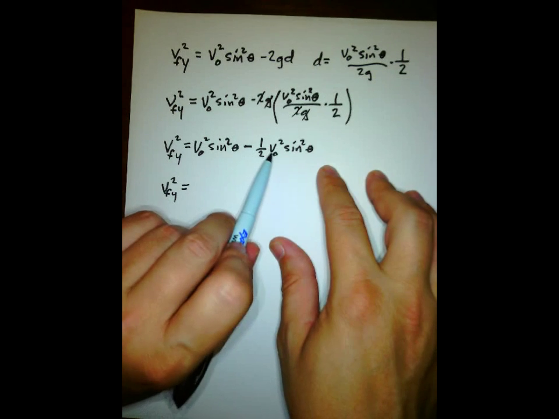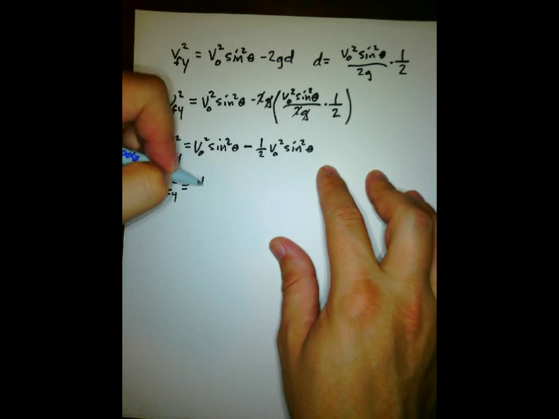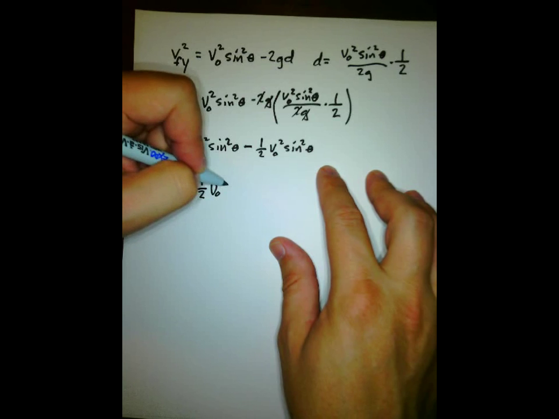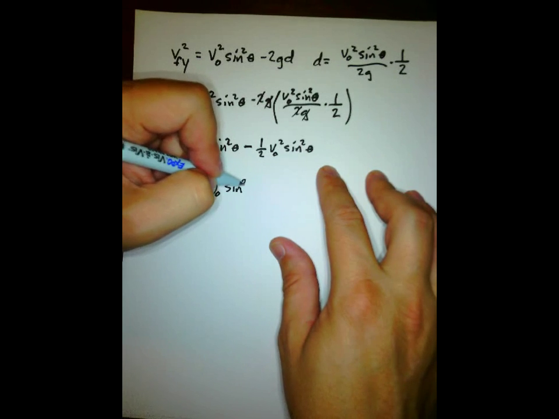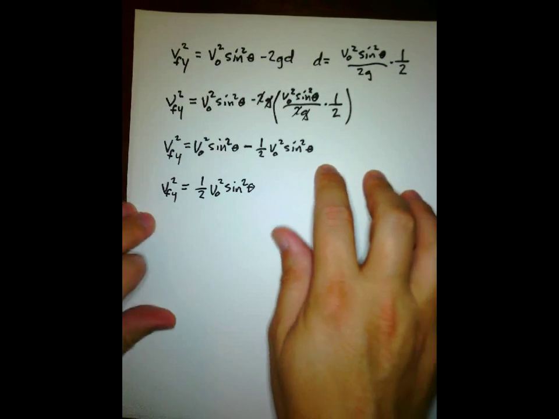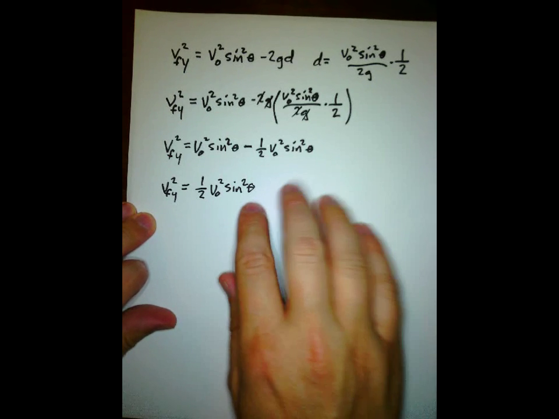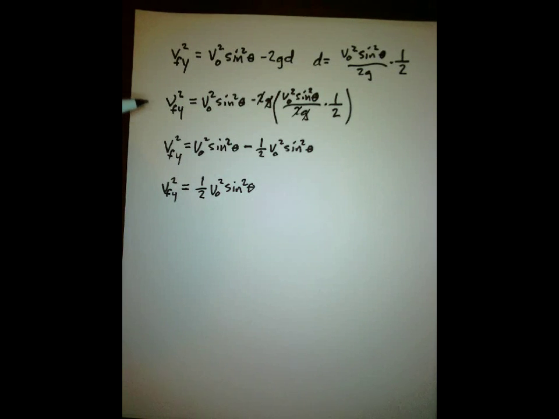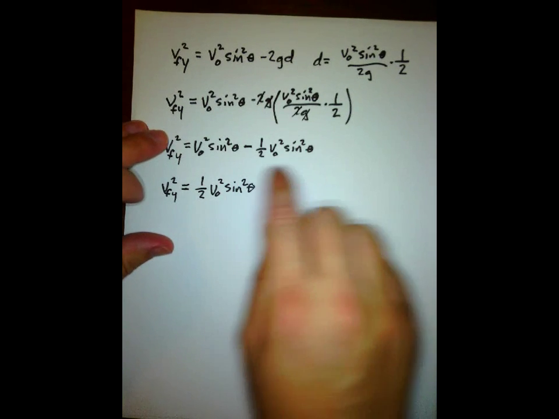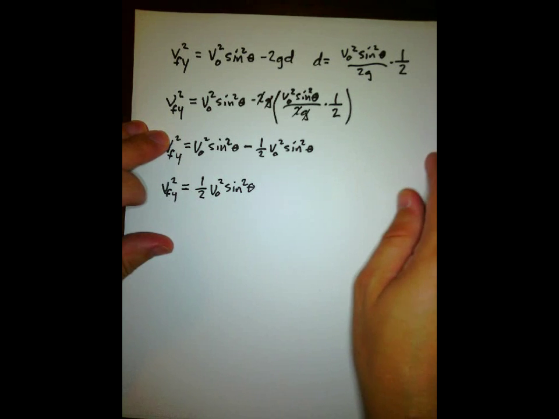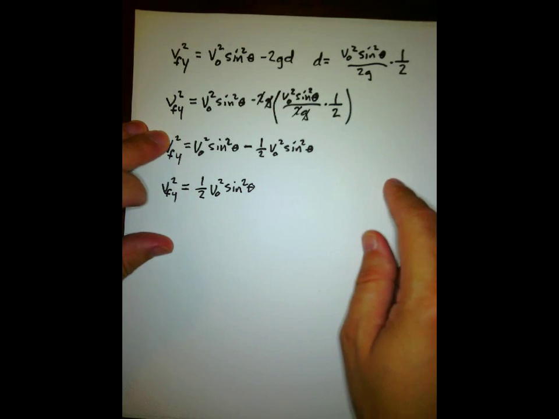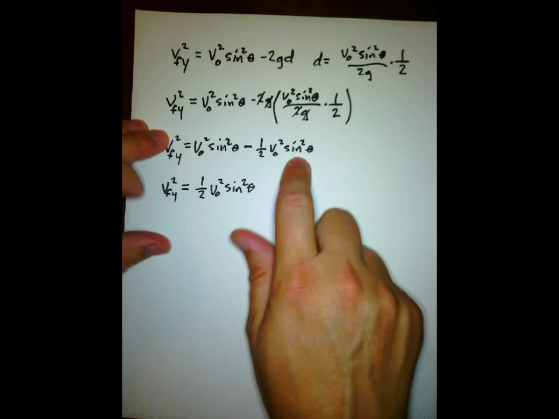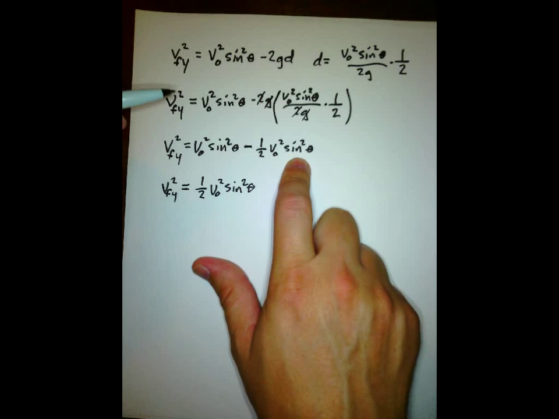So 1 minus 1/2 is 1/2 v naught squared sine squared theta. Alright, so I didn't do anything, if you didn't follow that, it's no different than if I had x minus 1/2 x. Well, x minus 1/2 x would just be 1/2 x. So, same idea here. It's just algebra.